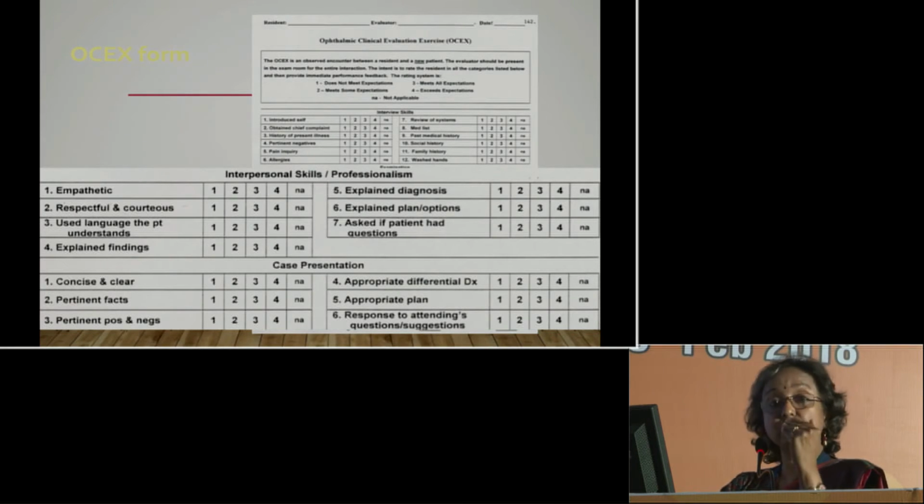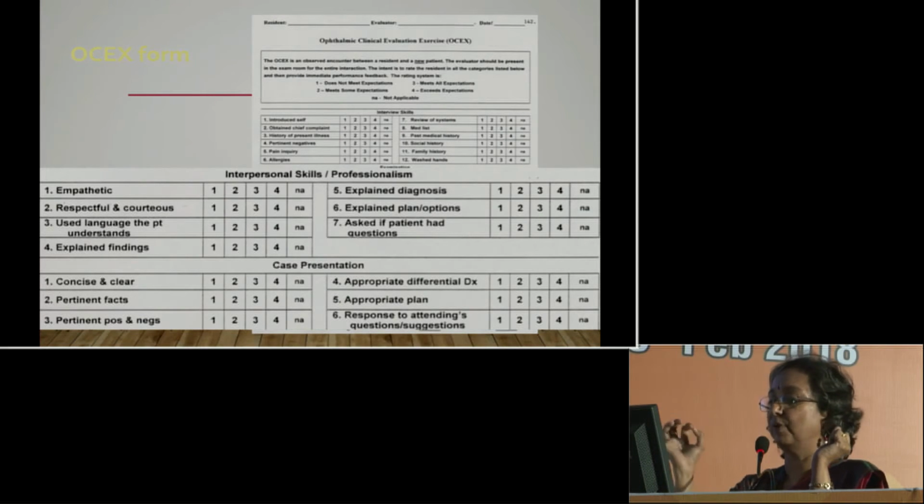At the end of all this, he or she presents the case to you, and the case presentation is also rated: concise and clear, pertinent facts, pertinent negatives and positives, appropriate differential diagnosis generated, appropriate plan, and the response to you, the attendings, questions and suggestions.